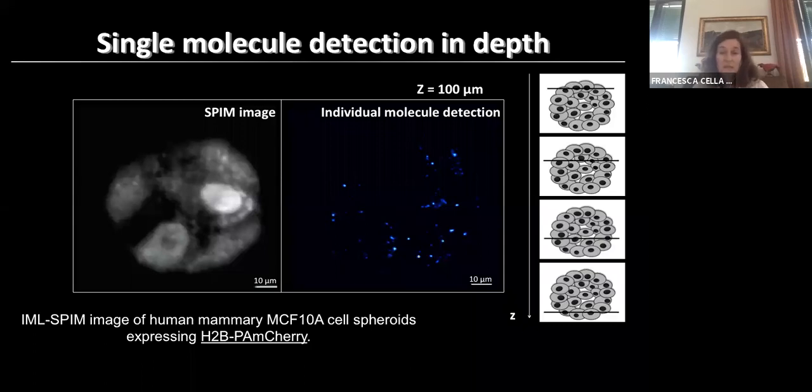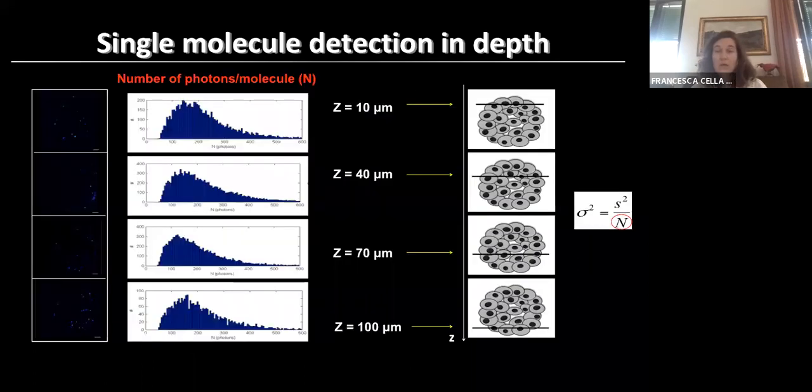What we need to test now is if we can still collect the same amount of photons within the spheroid at different depths. Why is this important? Because if we are losing photons going deeper, then our localization precision will be worse and worse as we go deeper. So this means we could have a localization precision that is depth dependent.